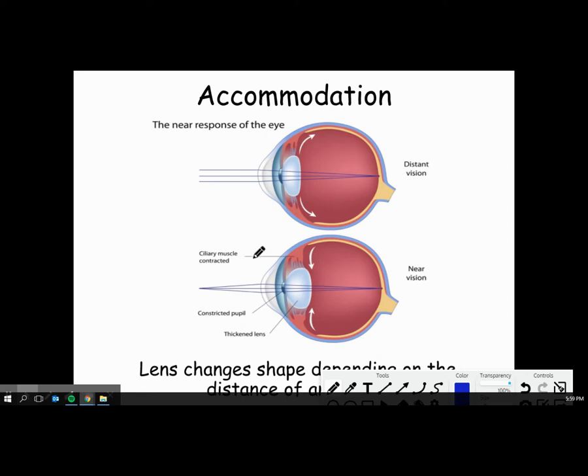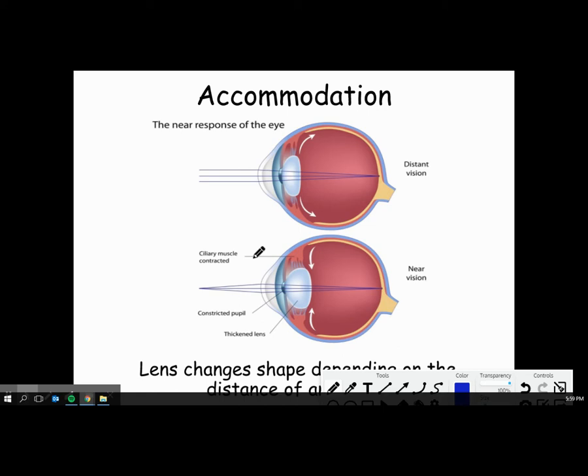An easy way to demonstrate this is if you turn to a wall that's relatively 10, 12 feet away from you, put your finger out in front of your face, close one of your eyes and focus on your finger. Okay, you should see your finger clearly. Now, you can even do it with two eyes open, change your focus to the wall behind it.